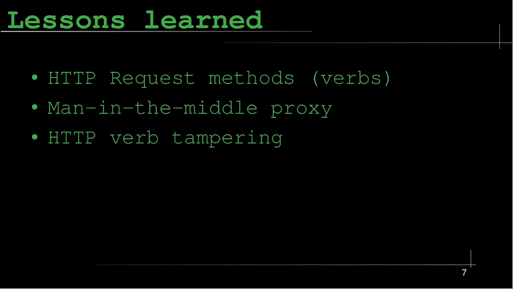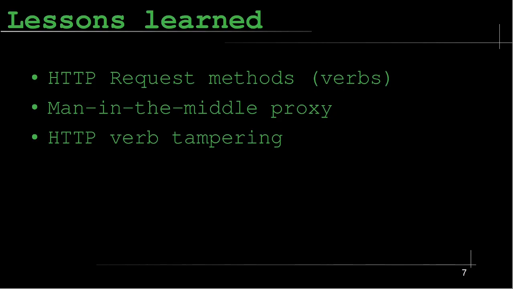Now that we've solved the challenge, let's summarize the main lessons learned. We have covered 3 topics related to web exploitation: HTTP request methods or verbs, a man-in-the-middle proxy, and HTTP verb tampering. HTTP request methods, verbs, are keywords that indicate the purpose for which the client has made a request and what is expected by the client as a successful result.